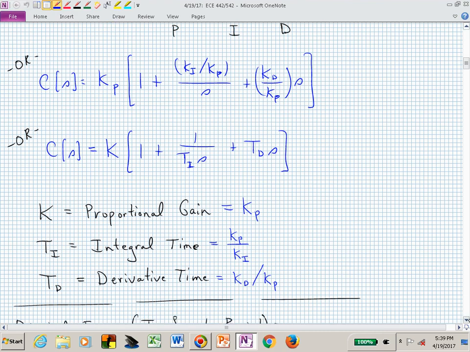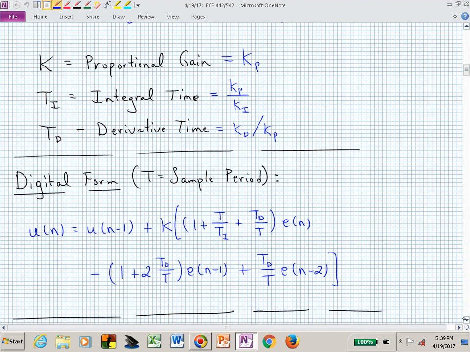What we want to do now is connect or derive this expression. This is now a difference equation. It's relating the error, that's the input to our controller, to the input to the system U, which is the output of our controller. And if you look at this, what you can see is we do have memory.